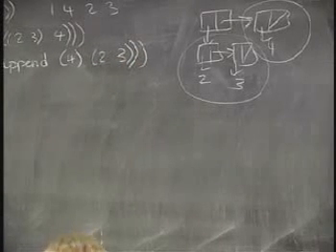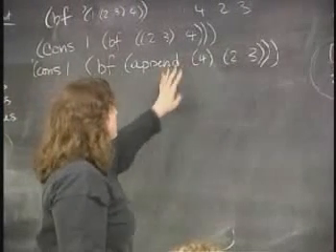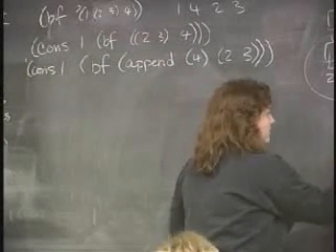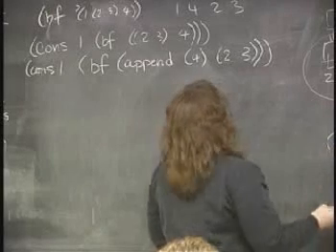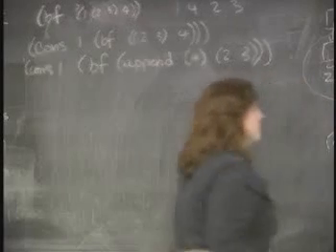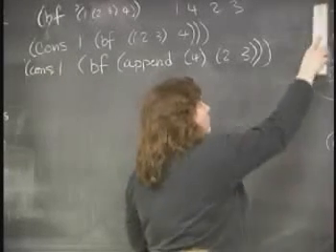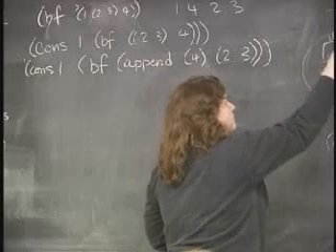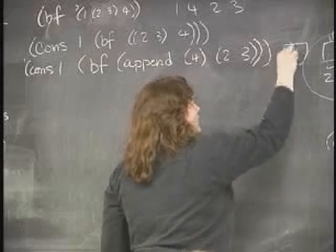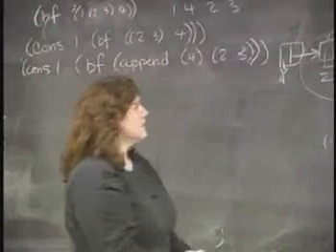Okay. Now, I'm going to append the list 4 to this. What this will come down to once we make the calls to append is we'll be consing 4 onto this list 2, 3. Which means our structure is now going to look like this. We're going to take 4 and cons it to that.